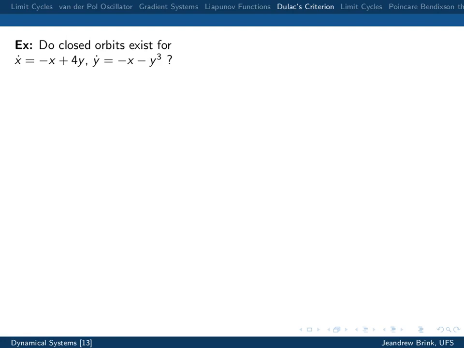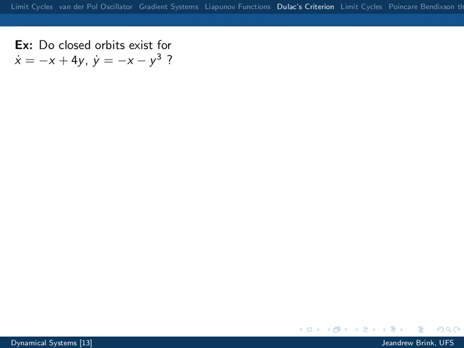But after that, I would first check whether I have a potential system. Okay, and how do I check that? I take the y derivative of x dot, so that's 4, and I take the x derivative of y dot, which is -1, and those aren't equal, so I don't have a potential system.